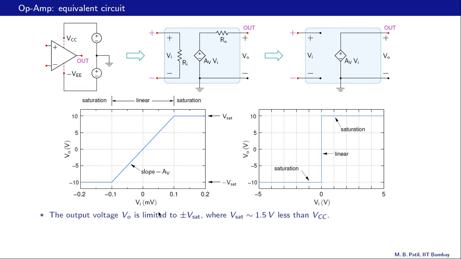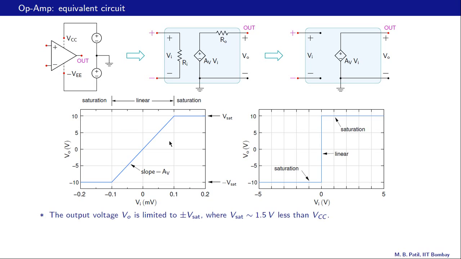We will now look at the VO versus VI relationship for an op-amp. VO is the output voltage with respect to ground, and VI is V plus minus V minus, this difference here. This figure shows the VO versus VI relationship, and as we can see, there are two distinct regions. One is a linear region, and the rest, that and that together, we will call the saturation region.